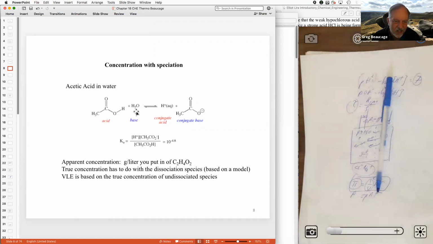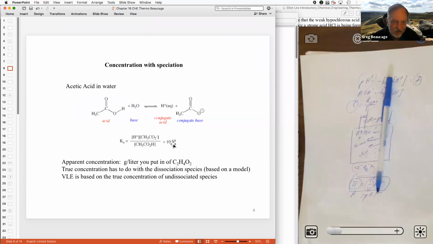So it's like an acid base, and then you make a proton, which will actually be H3O plus. That's written H plus. So the species is actually going to be H3O plus, and then you're going to have the base, which is the negative component here. Right. So the speciation involves this constant.